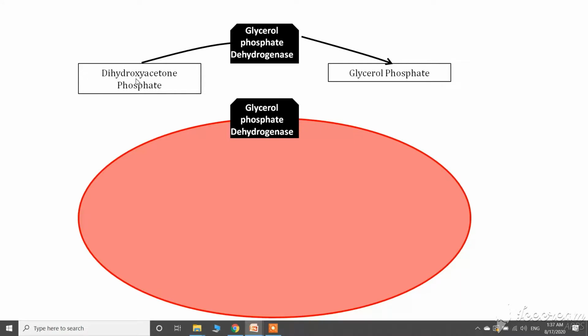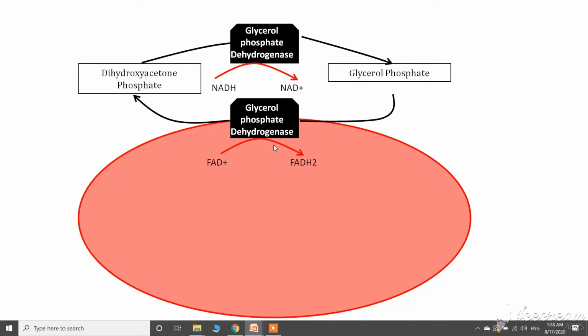So dihydroxyacetone phosphate is going to be converted into glycerol phosphate by the cytosolic glycerol phosphate dehydrogenase. And in the process, it's going to consume one molecule of NADH and convert it into NAD+. So this glycerol phosphate is going to go close to the mitochondrial membrane, and it's going to be worked on by the glycerol phosphate dehydrogenase that's located on the mitochondrial membrane, and it's going to be converted back into dihydroxyacetone phosphate.